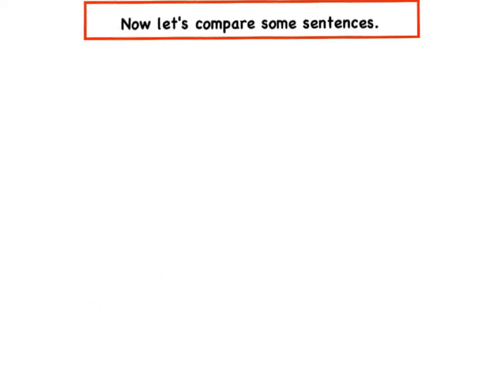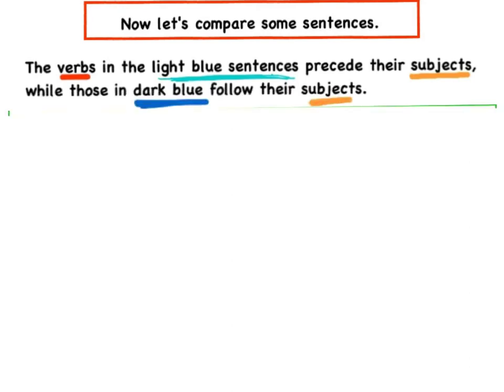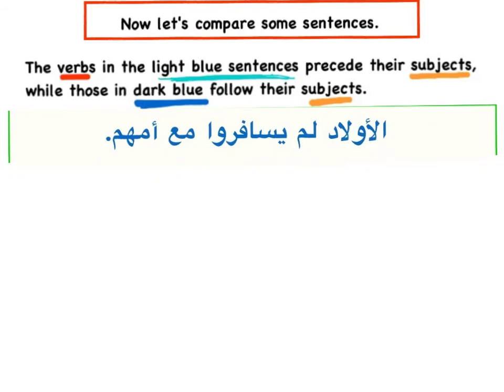Now let's compare some sentences. Remember we said that جملة فعلية is the جملة that starts with a فعل. Just so you know, the verbs in the light blue sentences precede their subjects, while those in dark blue follow their subjects. As in, الأولاد لم يسافروا مع أمهم.